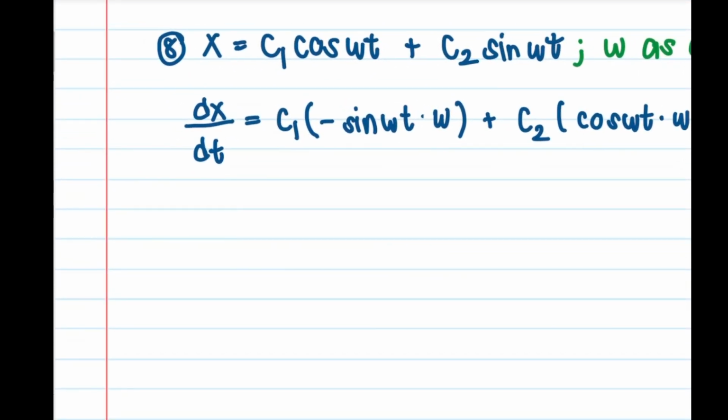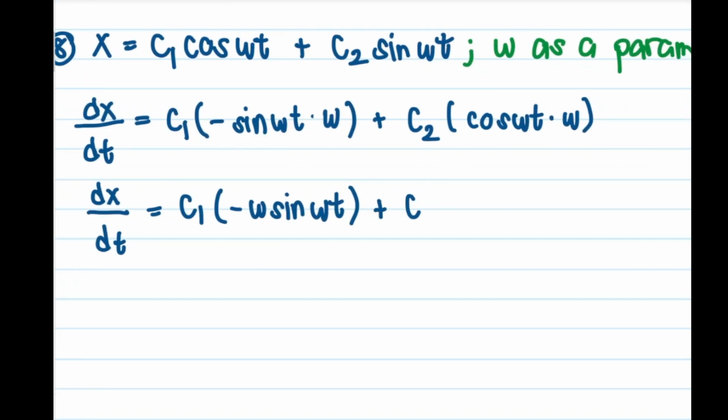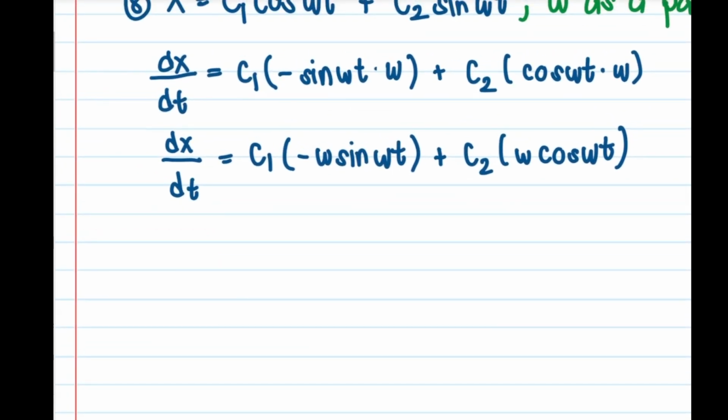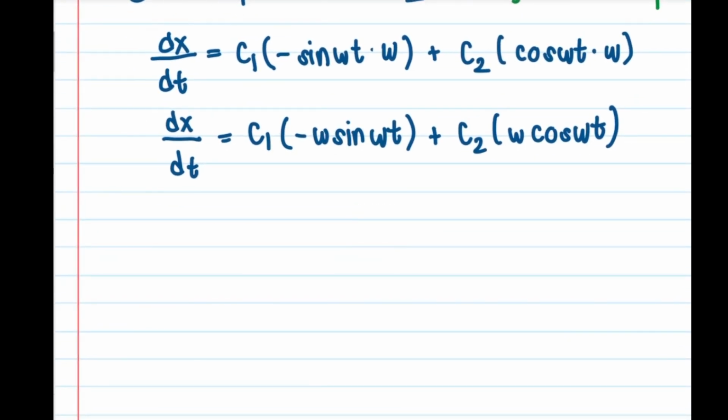This one will be your first equation or your first derivative. dx over dt is equivalent to C1, wait, C1 negative w sine wt plus C2 w cosine wt. Okay, so this one will be your first derivative. How about the second derivative? So getting the second derivative of this equation, this one will yield.